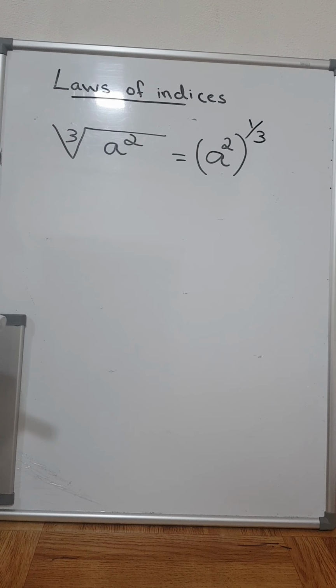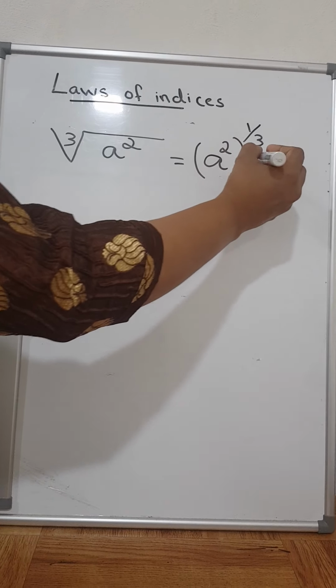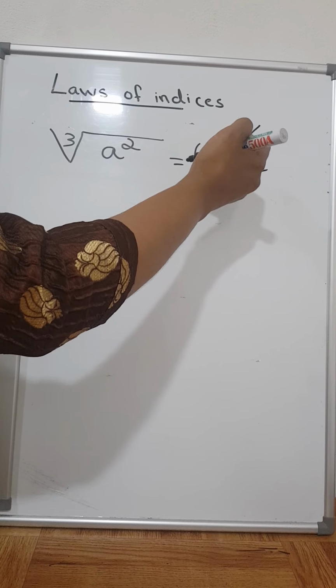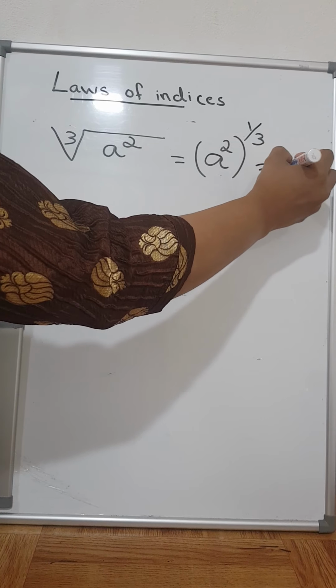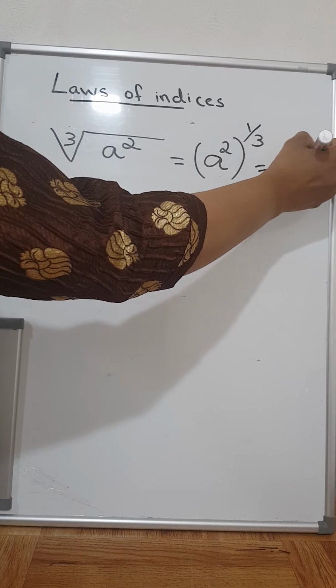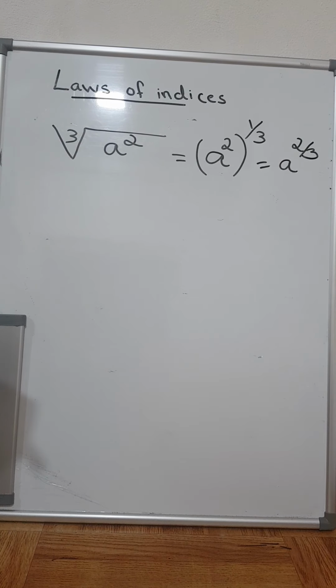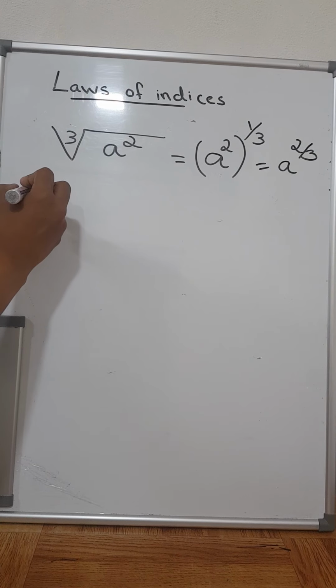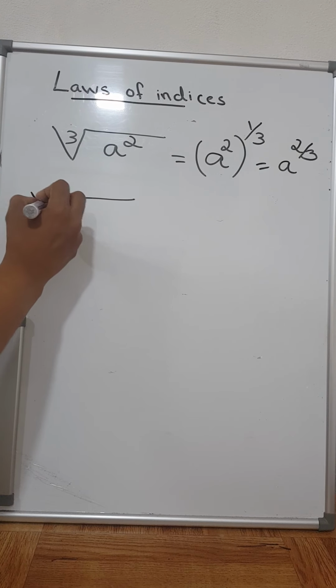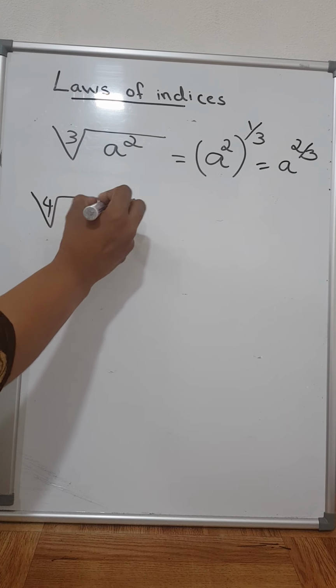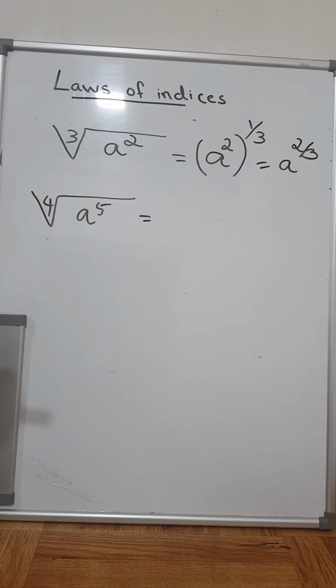by 3, since cube root means to the power 1 by 3. We can further simplify it using power law. So this is a to the power 2 times 1 by 3. That is a to the power 2 by 3. Now let's see how can we represent fourth root of a to the power 5 as an index.